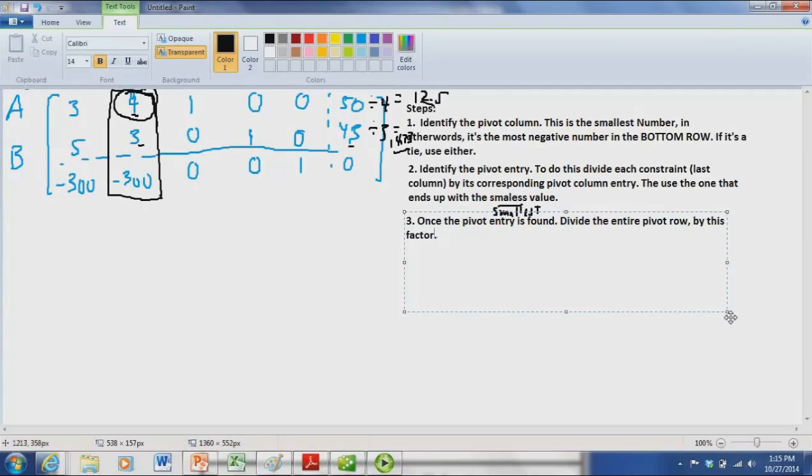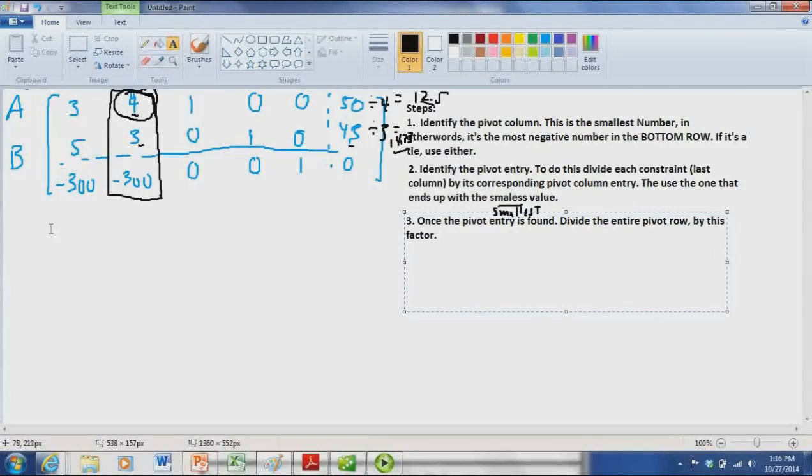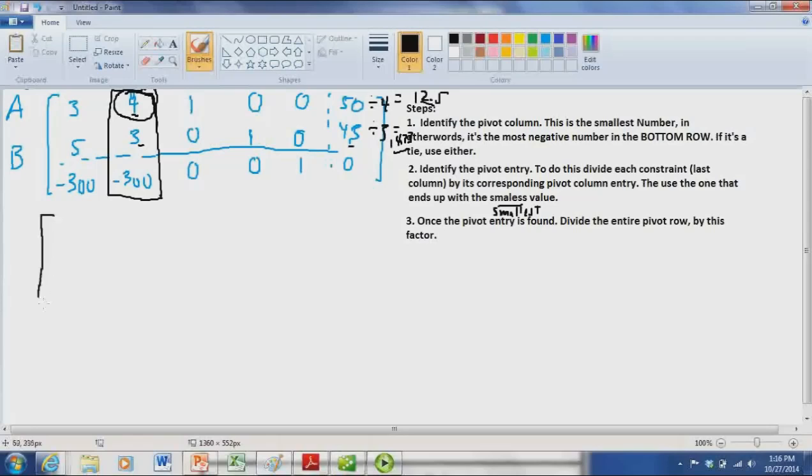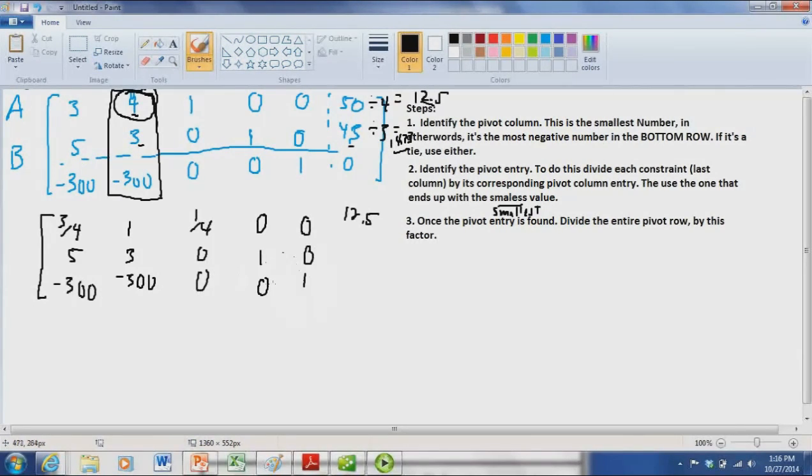So I'm going to divide this entire first row by 4. So this is going to be 3/4, a 1, a 1/4, a 0, a 0, and a 12.5. I haven't done anything to the rest, so I'm just going to write it as is. 1, 0, 0, 1, 43, and 0.